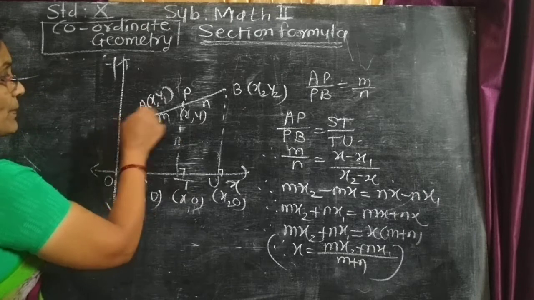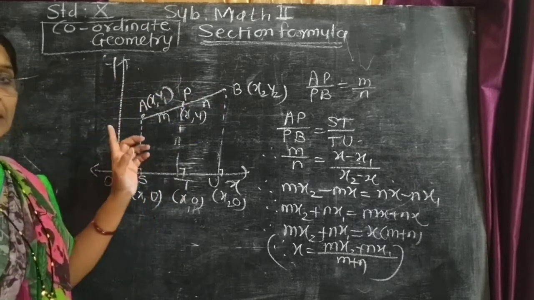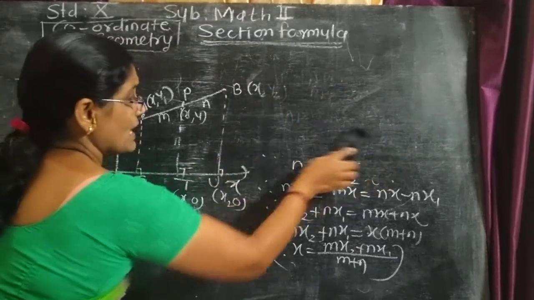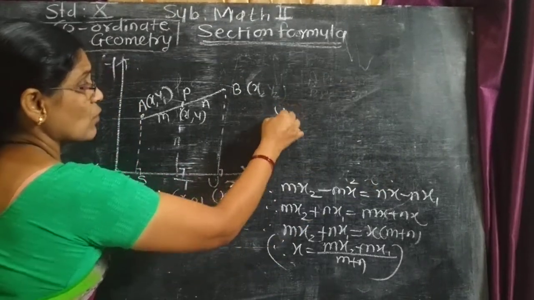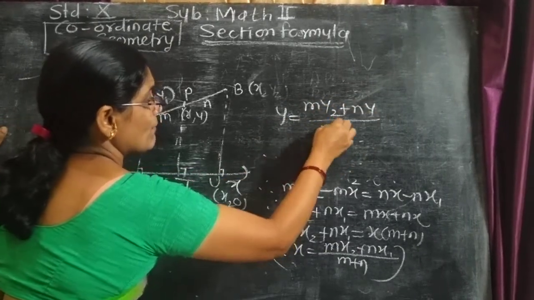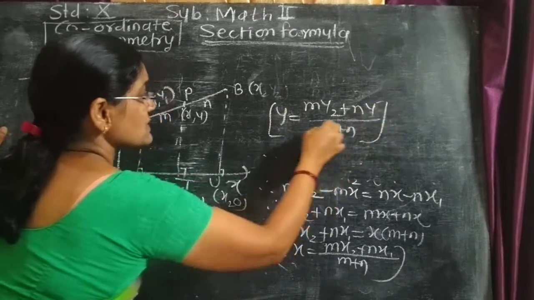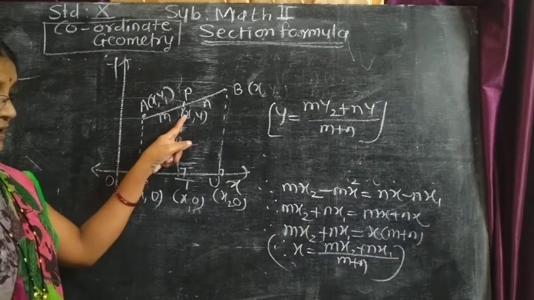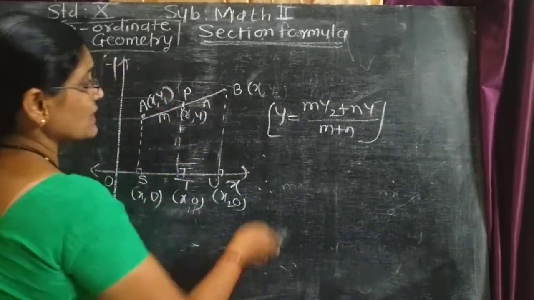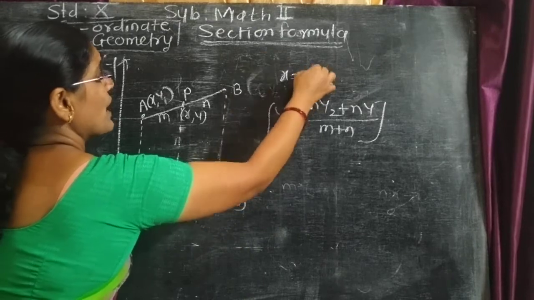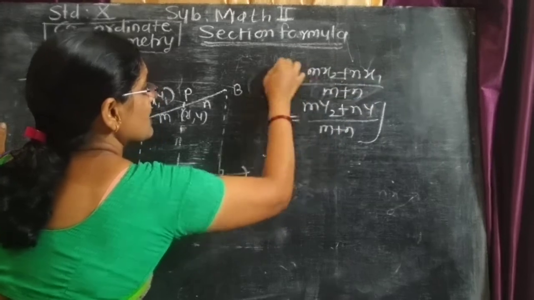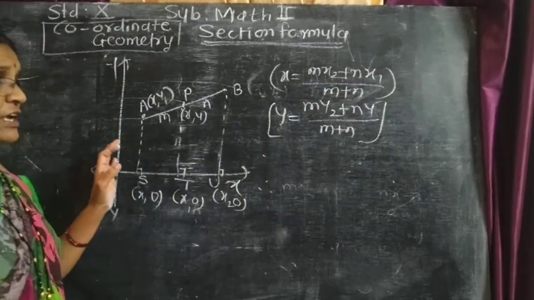If we draw a perpendicular on the y-axis, then we will get the y coordinate, and it will be similar to x, that is y is equal to my2 plus ny1 upon m plus n, and this is the y coordinate of point P. Altogether we can write the section formula: x is equal to mx2 plus nx1 upon m plus n, and y is equal to my2 plus ny1 upon m plus n.